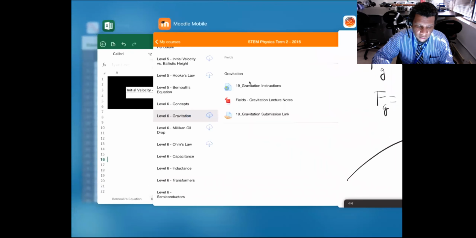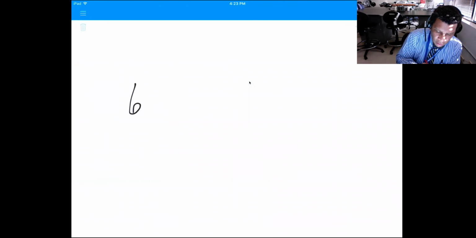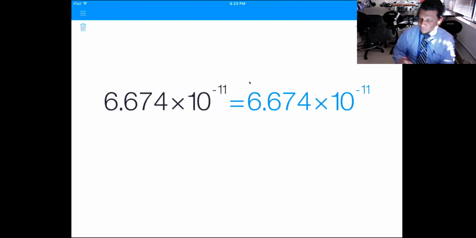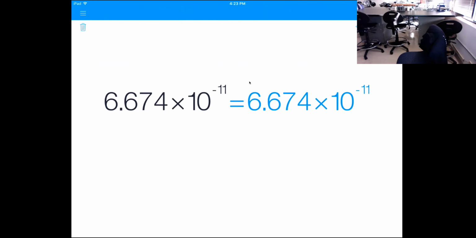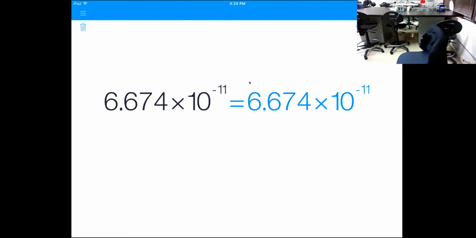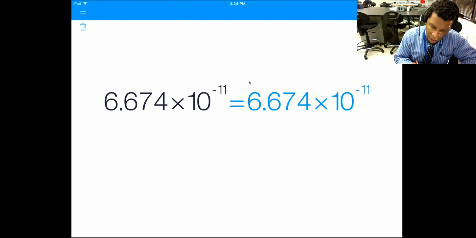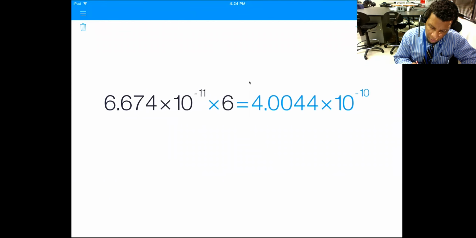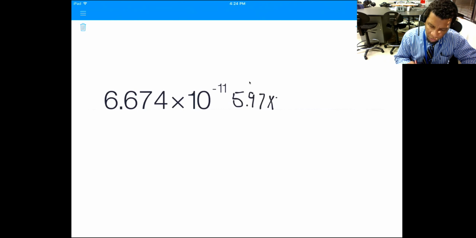Let me just go to a calculator here, and we're going to put these in. I think it was 6.674 times 10 to the negative 11th. So we have the universal gravitational constant there, and now we're going to multiply this times the mass of the Earth. It was actually 5.97 times 10 to the 24th.